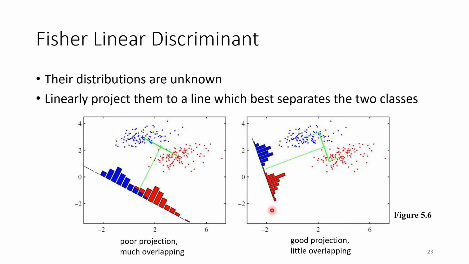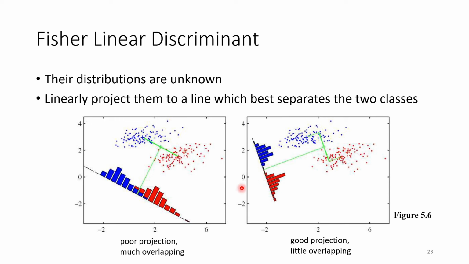So what's the difference? The difference is shown on the histogram of the red and the blue points. Here, you can see there are still some overlapping regions. But if we project onto this line, the overlapping histogram bars become very small, or even zero.